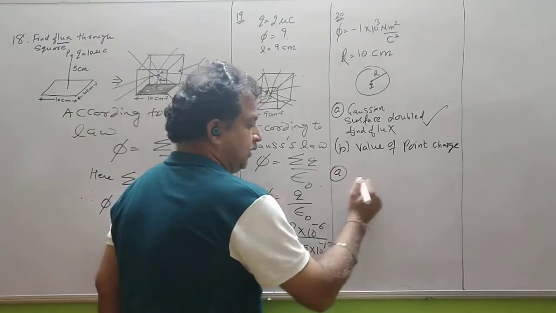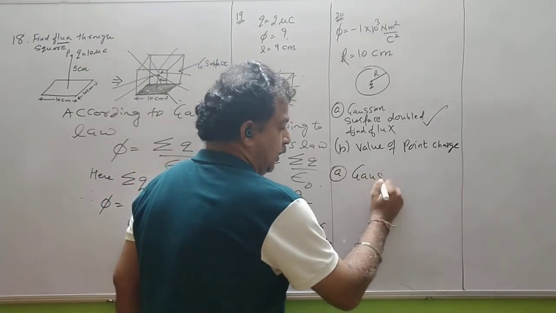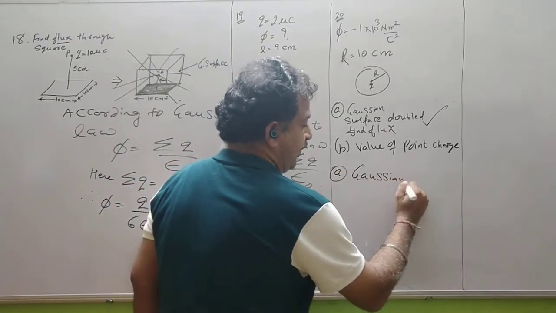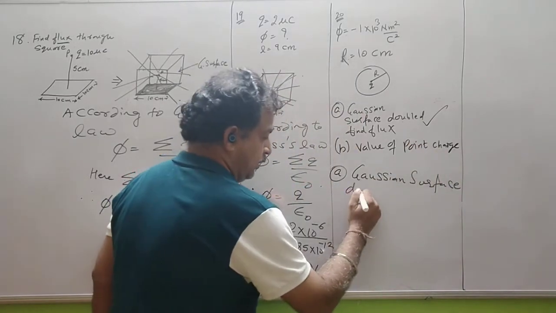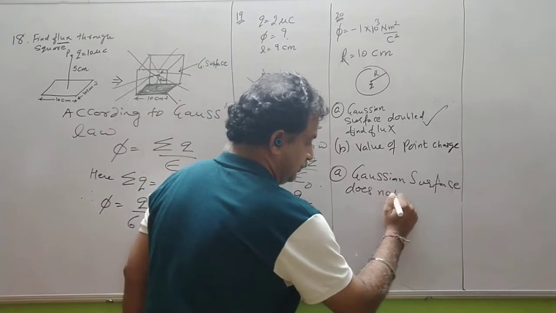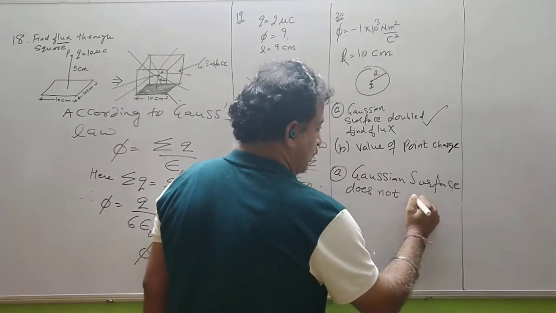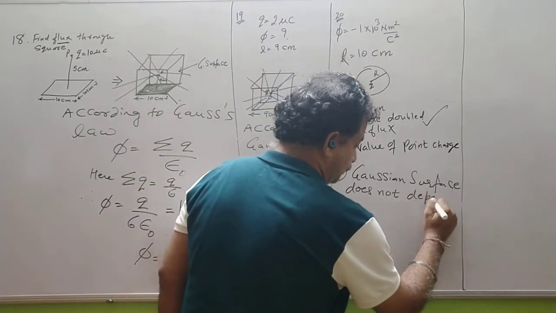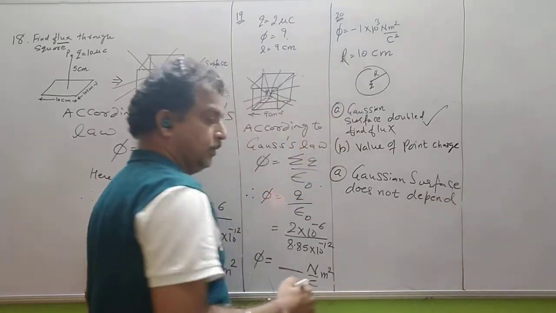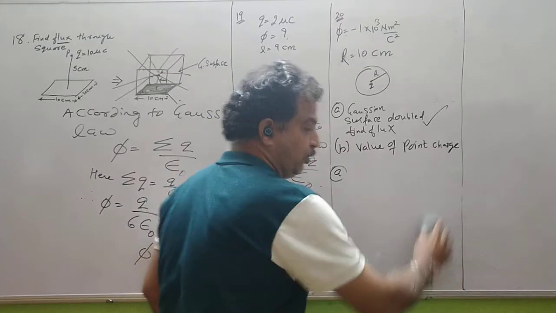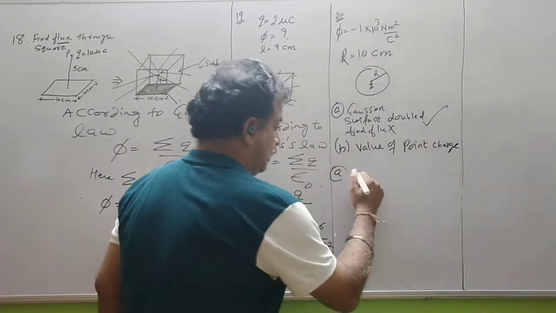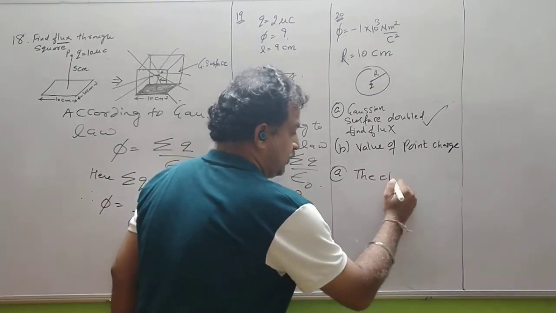So for the first part, we will write: the electric flux does not depend on the shape and size of the Gaussian surface.